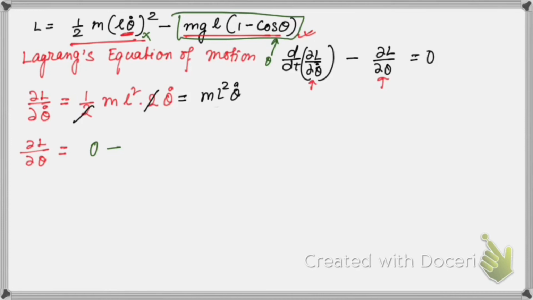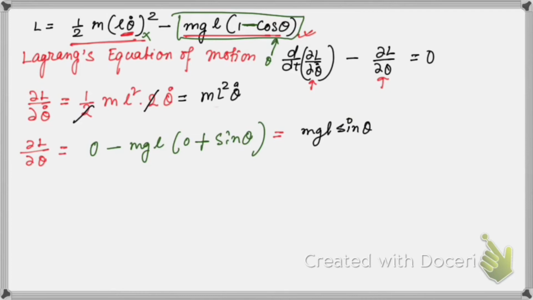Differentiating the second term, you get mgL, the derivative of 1 is 0, and the derivative of cos theta is minus sin theta, so with the minus sign it becomes plus sin theta. So it is equal to mgL sin theta.